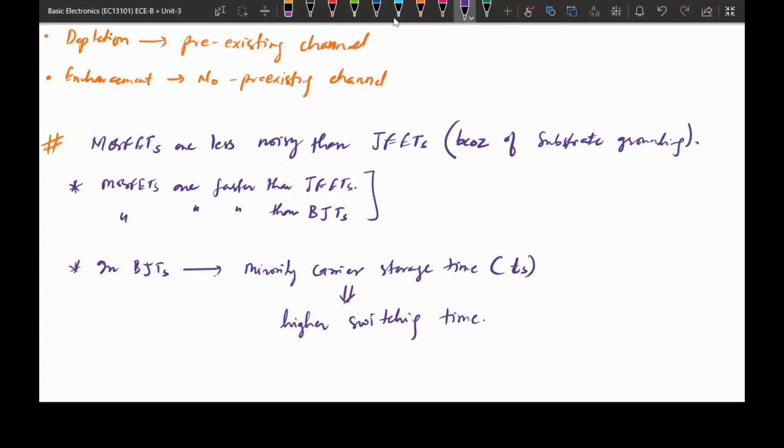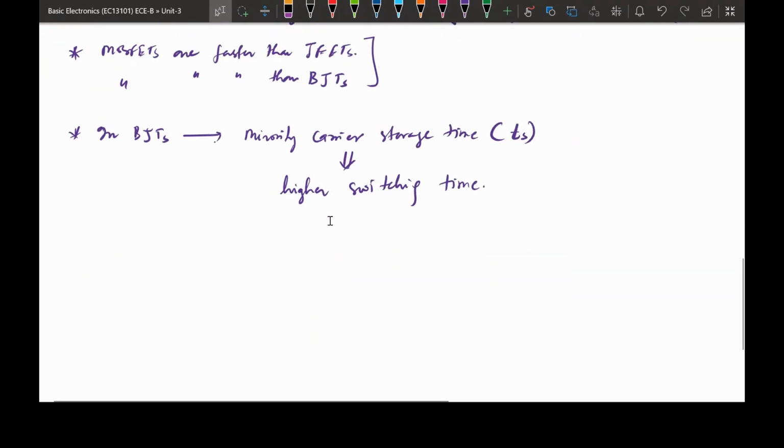But in case of MOSFETs, there are no minority carriers, because it is a monopolar device.